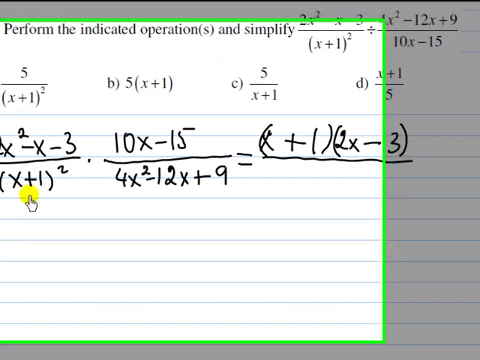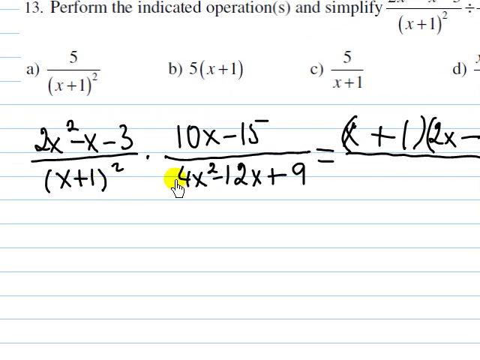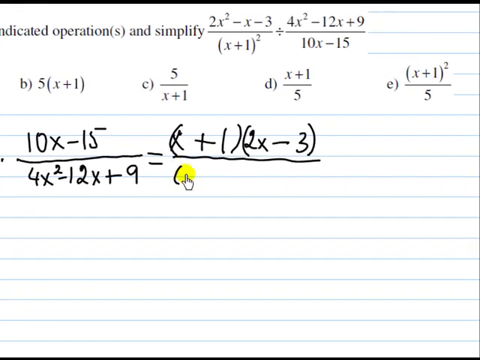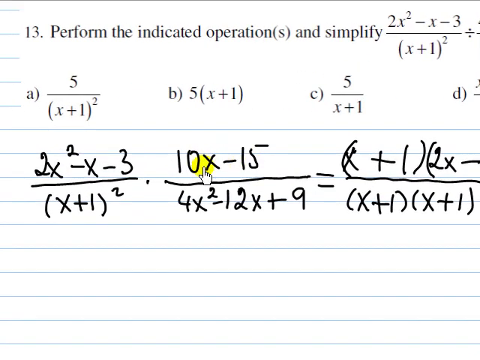Now this denominator is already factored. x plus 1 squared is just x plus 1 times x plus 1. And in the numerator here we have a difference of two terms. We have a binomial, and the only way to factor this is to find the greatest common factor.